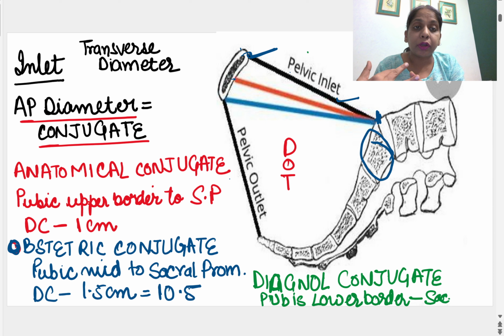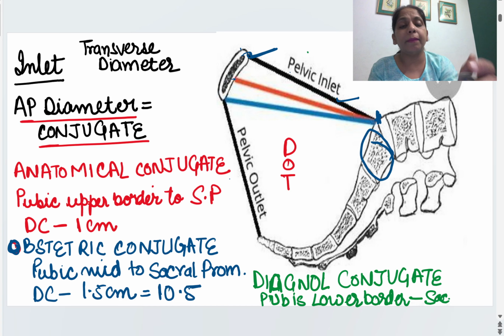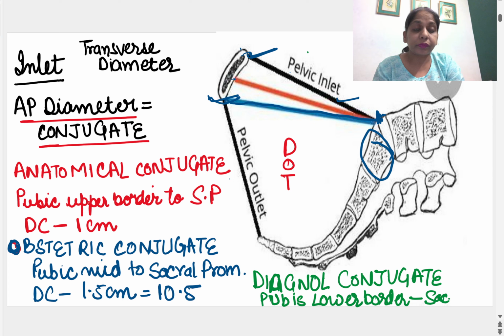From the lower border of the pubic symphysis to the tip of the sacral promontory, the one in the blue line, this one. So these are the three conjugate diameters of the inlet of the pelvic cavity.